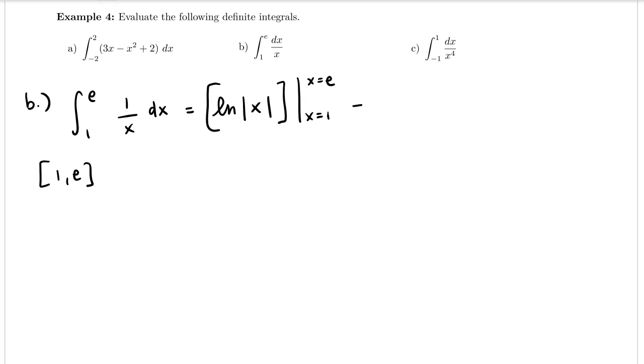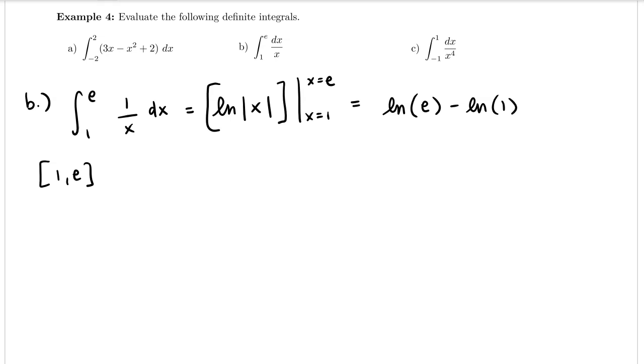For my class, I'd like you to make sure that you always put the absolute value bars at least in the initial step, and then later if it's justified, you can always drop them later. So I'm going to evaluate my upper limit of integration, that's the natural log of e, minus the natural log of 1.